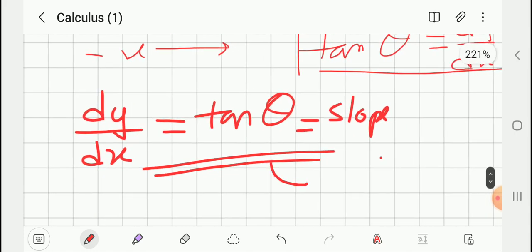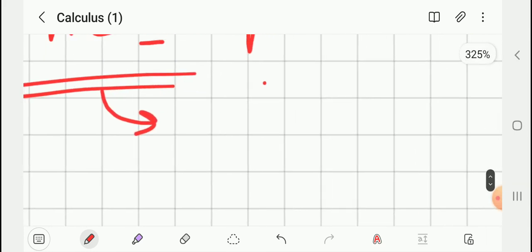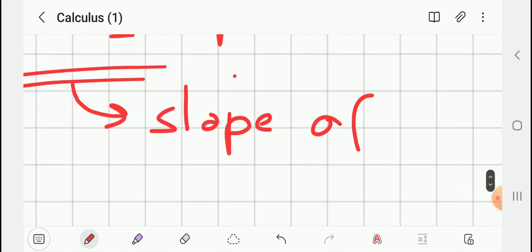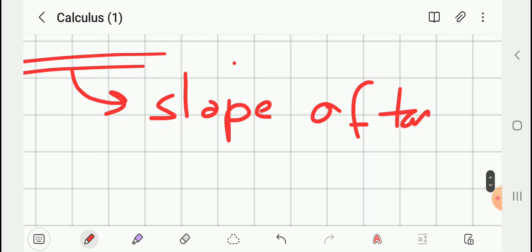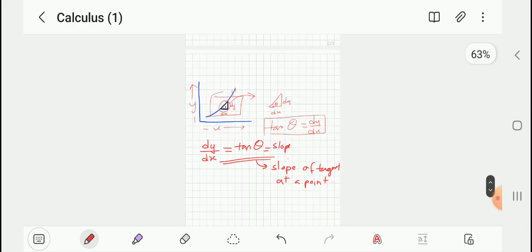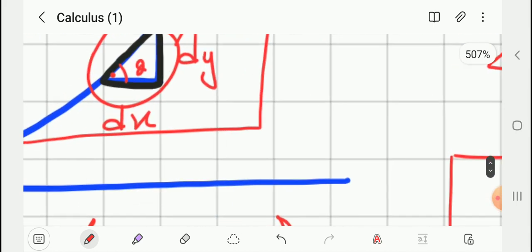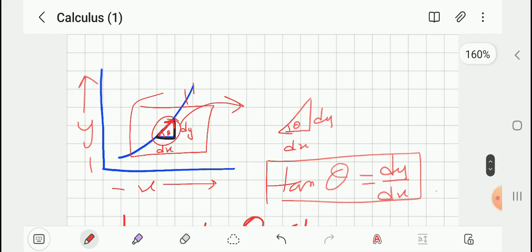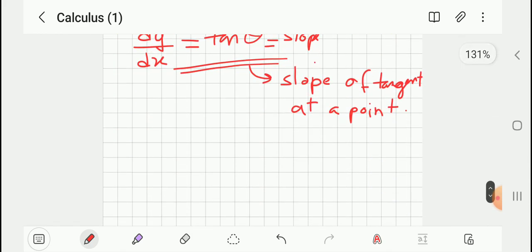We can also write it as the slope of the tangent at a point, because from this point we take a tangent. For that reason we call it the slope of a tangent at a point.